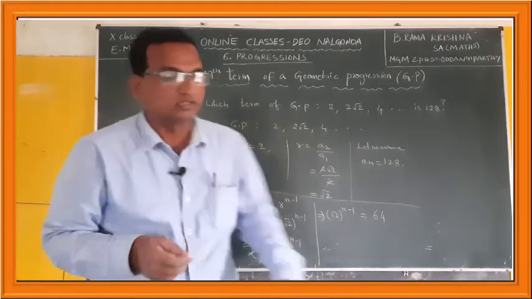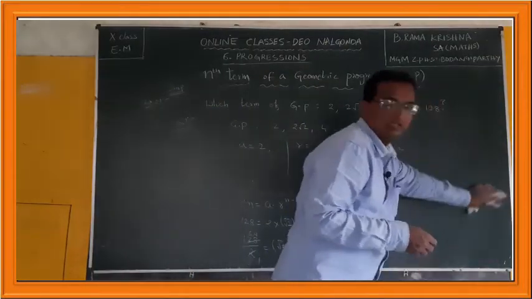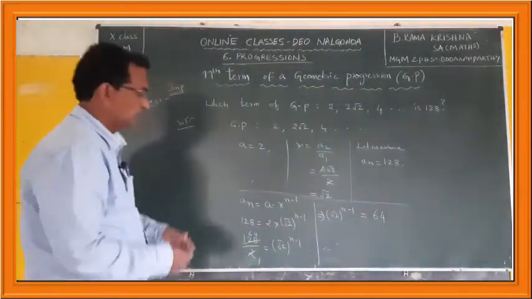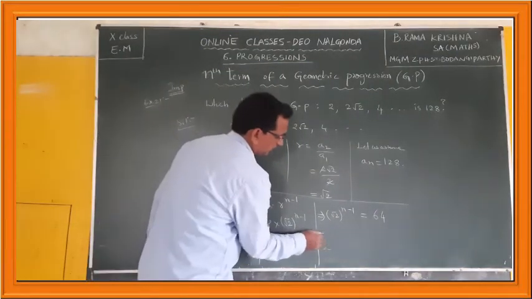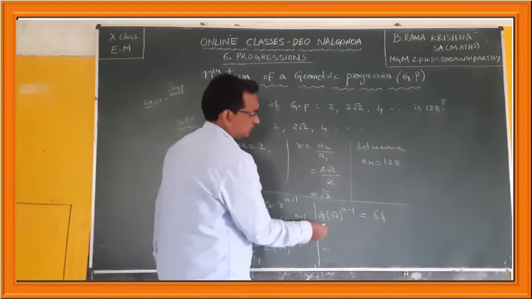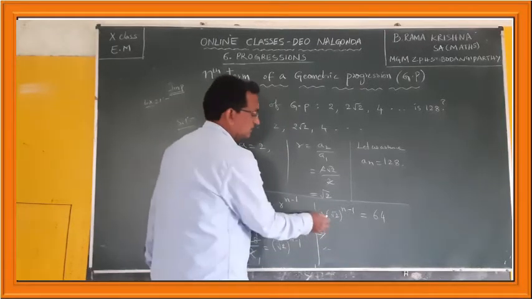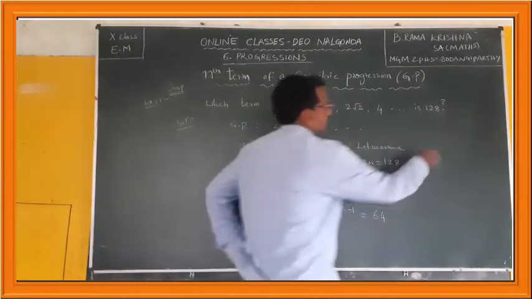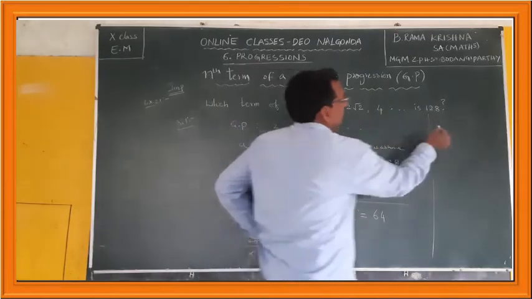If you recall that, you can easily do this. How do you solve this? First of all, let me tell you, you have to remove the square root. How do you remove it? For that also you have to recall the 9th class topic, radicals.